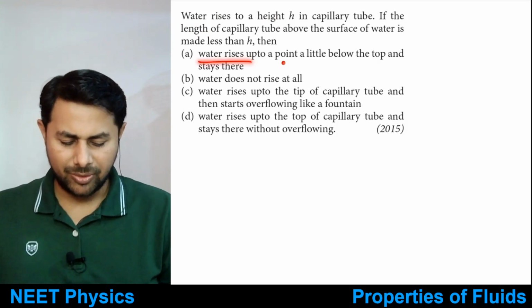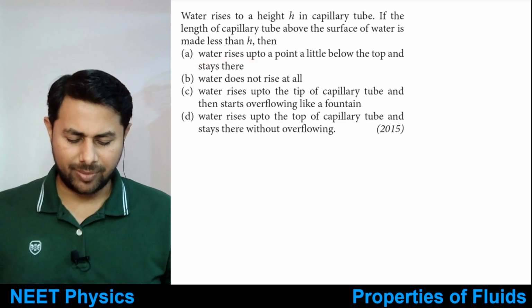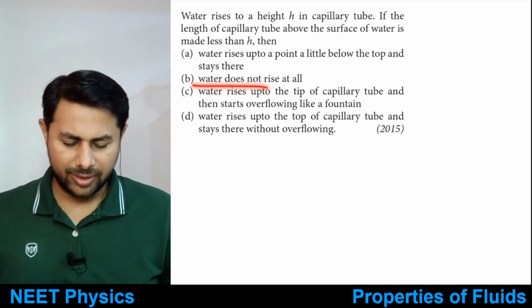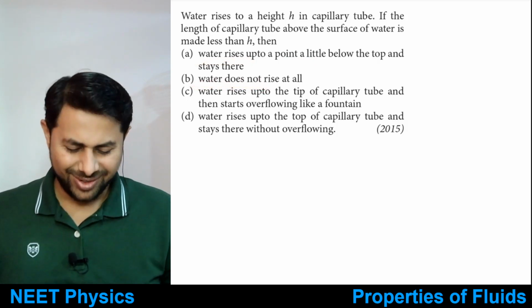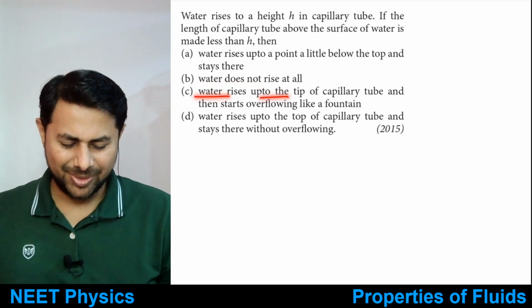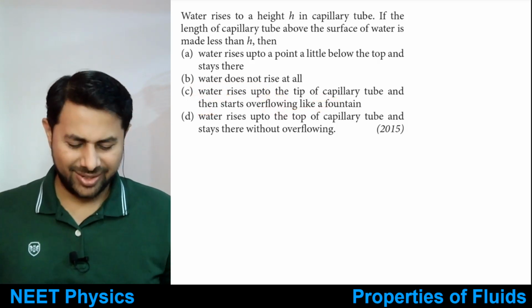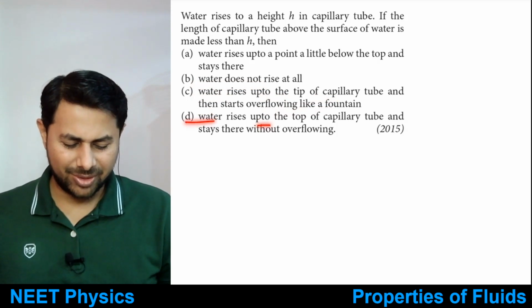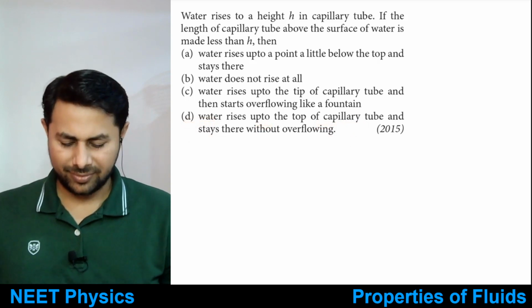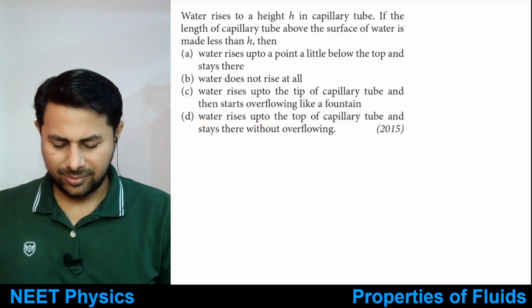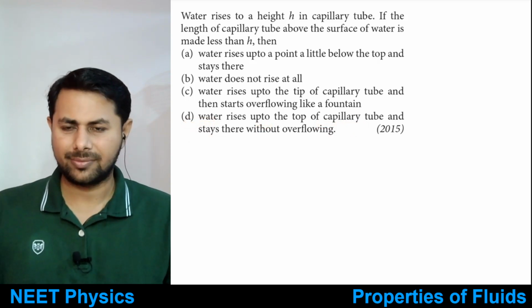Water rises up to a point a little below the top and stays there. Water does not rise at all. Water rises up to the tip of the capillary tube and then starts overflowing like a fountain. Water rises up to the top of the capillary tube and stays there without overflowing. Tell me what will happen?